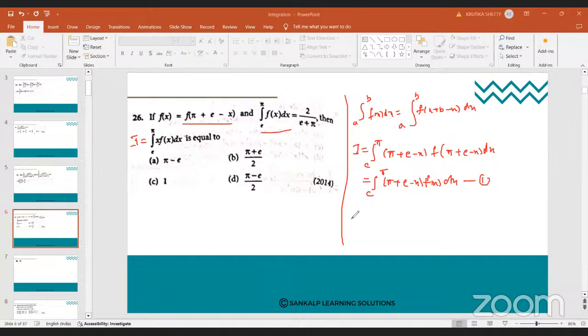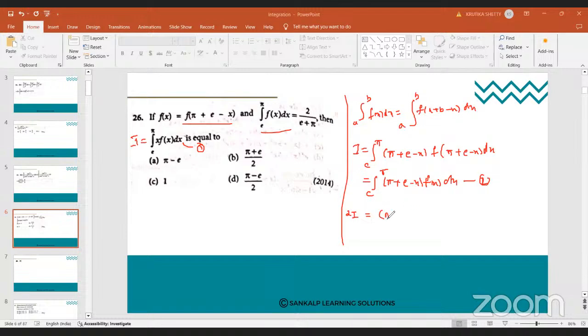Now what we can do is, when we add both, this is I, which I will consider as equation 1, and this I will consider as equation 2. So when I add it, I plus I will be equal to 2I. And we can see the common part: pi plus e minus x, and here we have x, so we can add those parts.